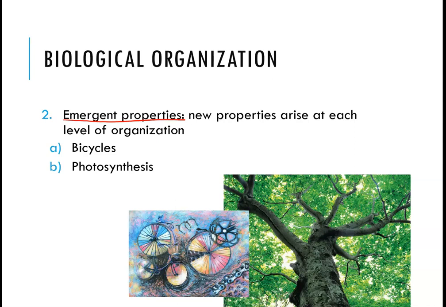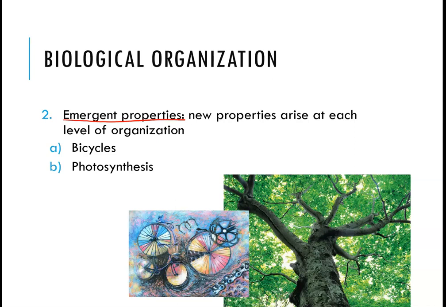So a non-biological example of this is a bicycle. If you think about a bicycle, it's made up of a whole bunch of different parts. You've got your wheels, even the wheels are made up of parts. You've got your wheels, your spokes, you've got your pedals, your bike chain, your seat, your handlebars, the frame. And if you had those in a pile on your garage floor, they wouldn't be doing anything.